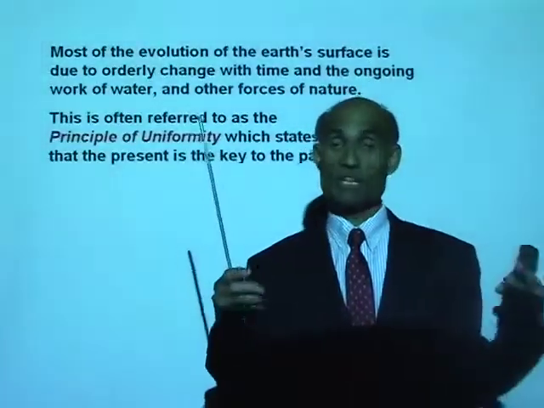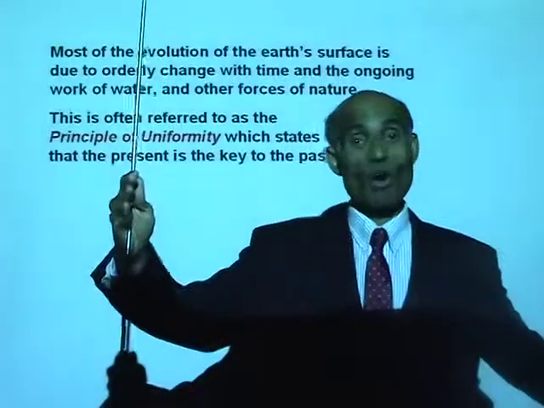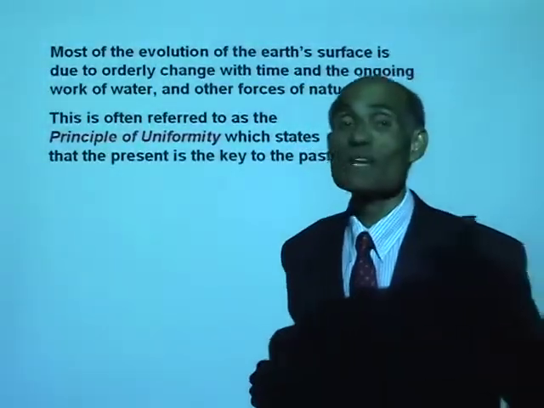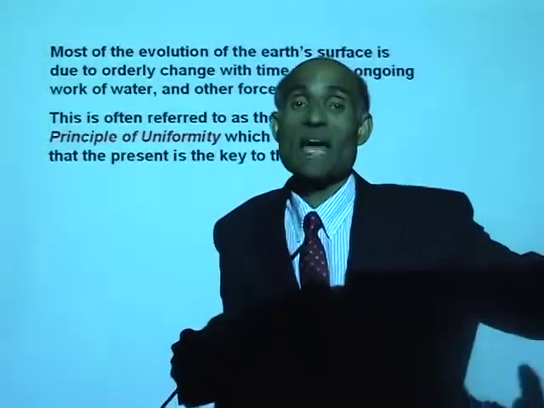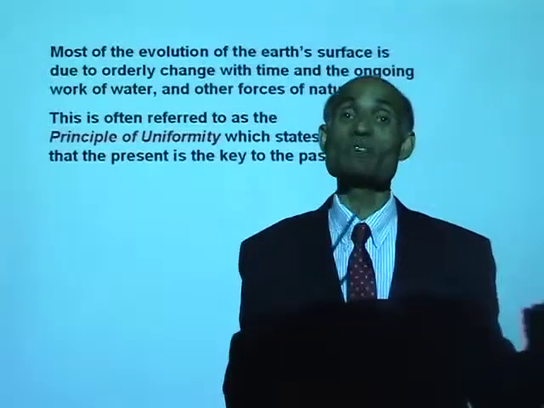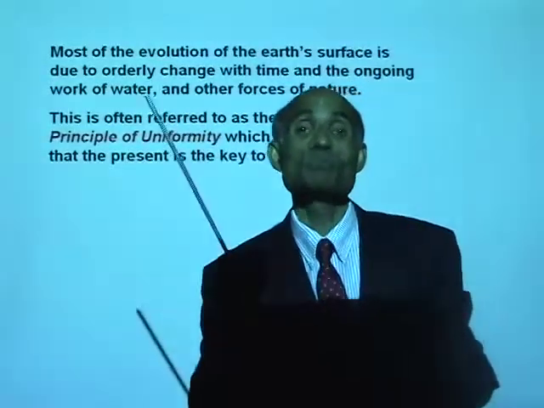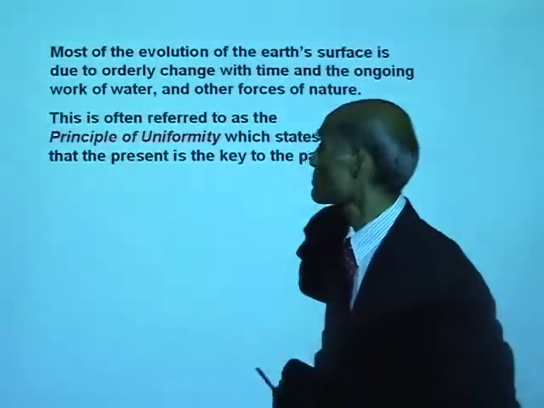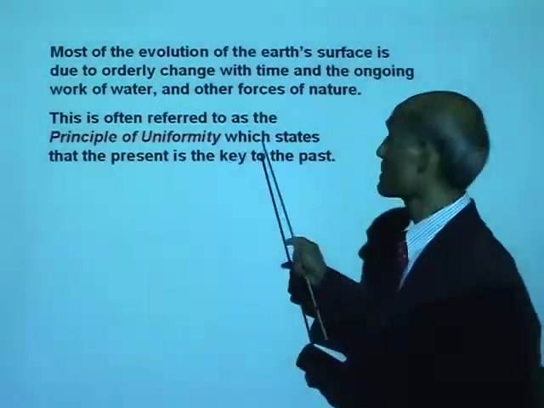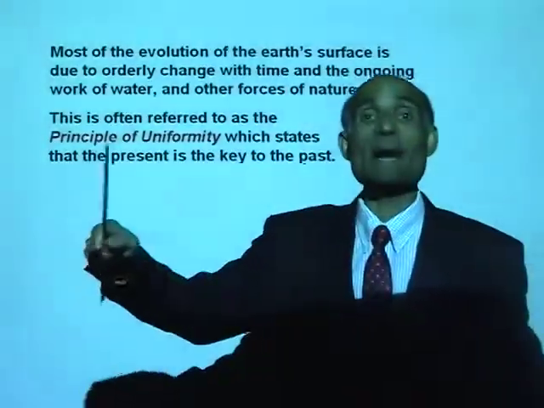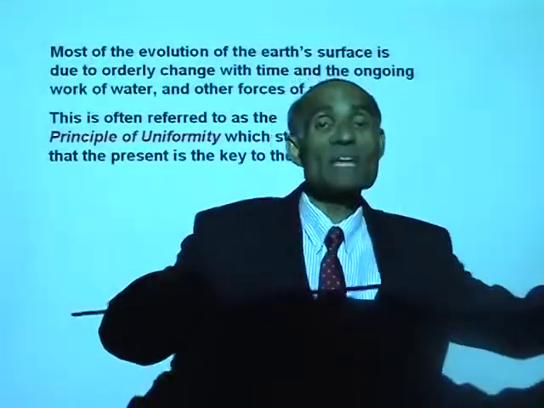But remember, on a geological scale, 400 years is a very short time. So I would say, if you can understand what has been happening in the last 1 million years, probably we have enough understanding then to predict what is likely to happen. So what is the principle of uniformity? The principle states that the present is the key to the past. What has happened in the past?